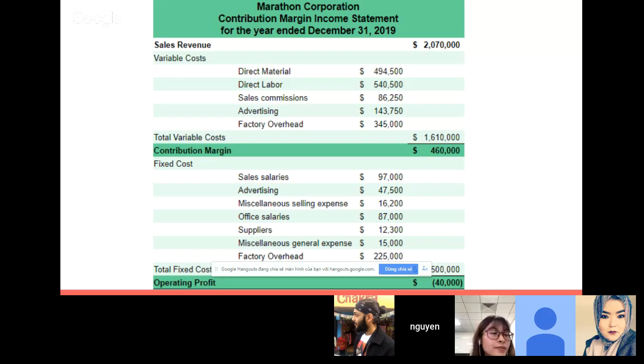The contribution margin is equal to sales revenue minus variable cost, which is $460,000. The total fixed cost is $500. Then the profit is equal to contribution margin minus fixed cost. Hence, Marathon Corporation is expected to have a loss of $40,000.